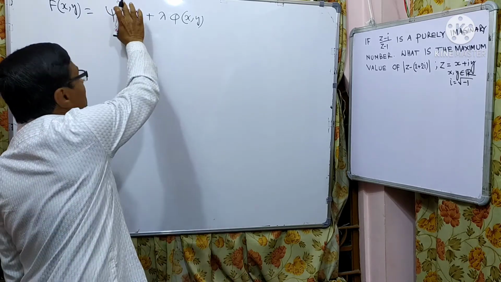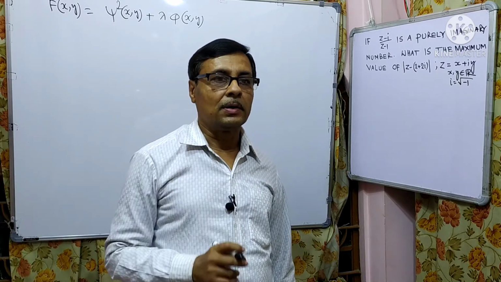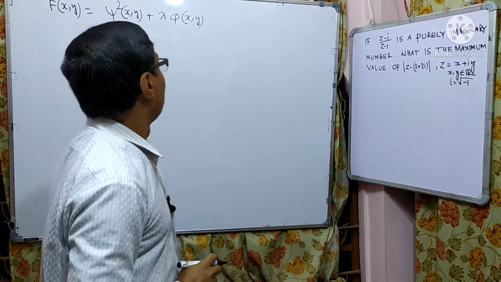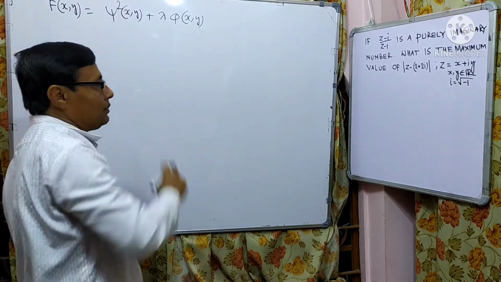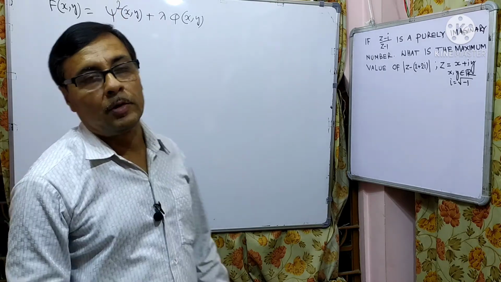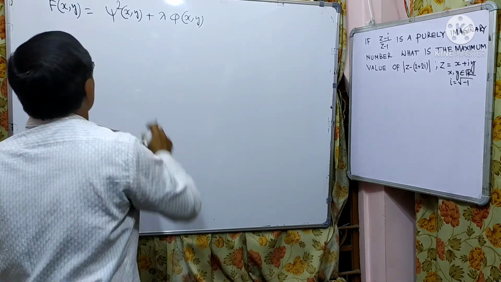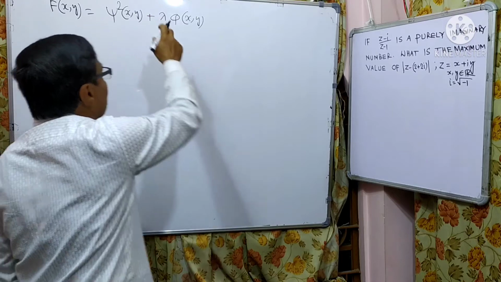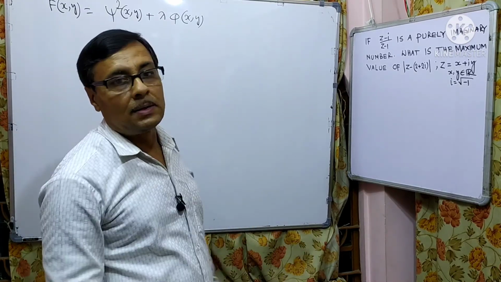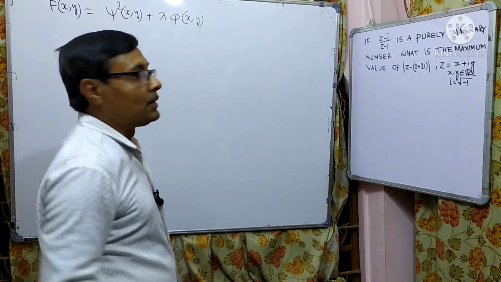If we maximize psi²(x, y), we also maximize psi(x, y), which is our main objective function. Here lambda is the Lagrange multiplier.